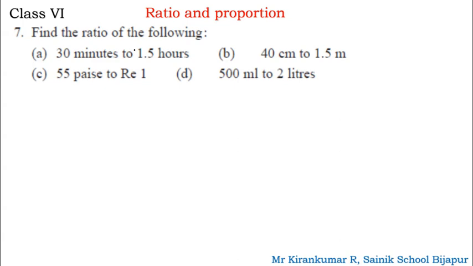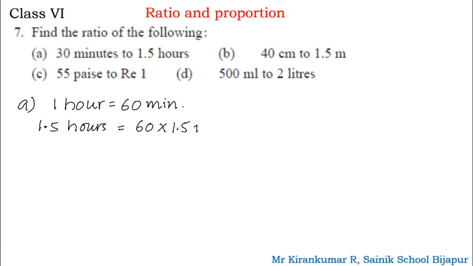To find the ratio, first thing I do is convert the hours in terms of minutes. We know that 1 hour is equal to 60 minutes. So 1.5 hours will be equal to 60 times 1.5 minutes.